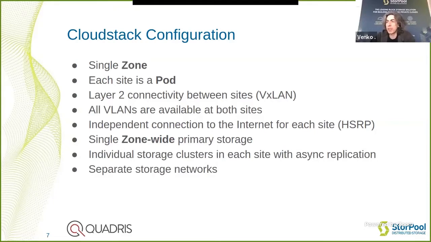All the user VLANs are available at both sites. Each site has an independent connection to the internet. So if the internet connection of one site goes down, it does not affect the other site.